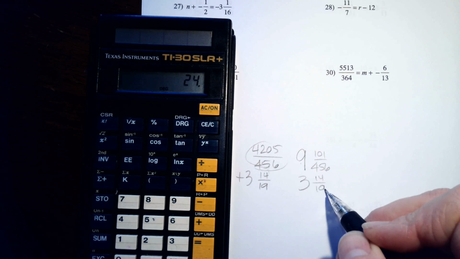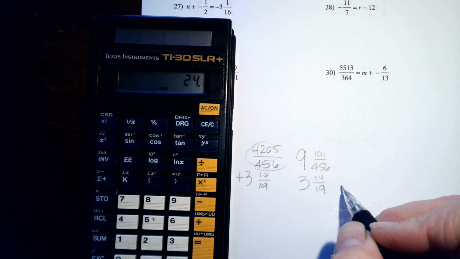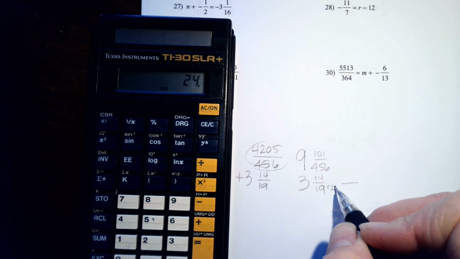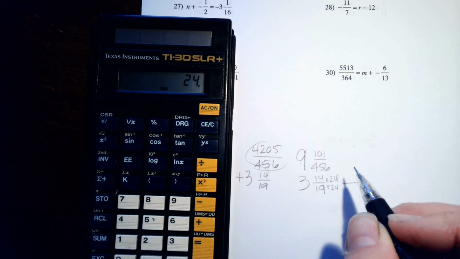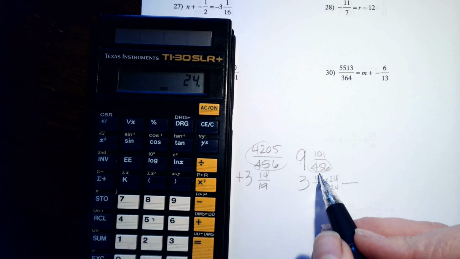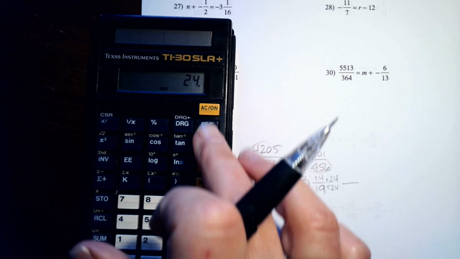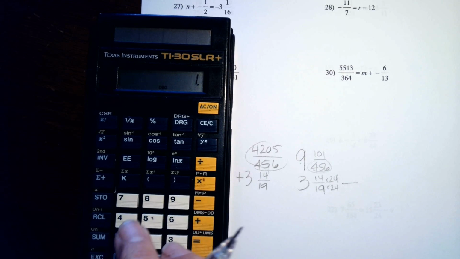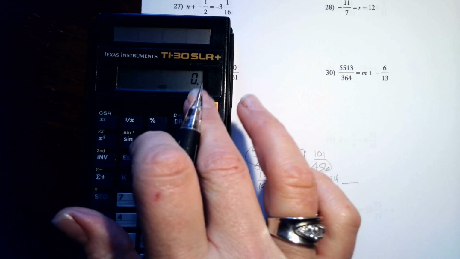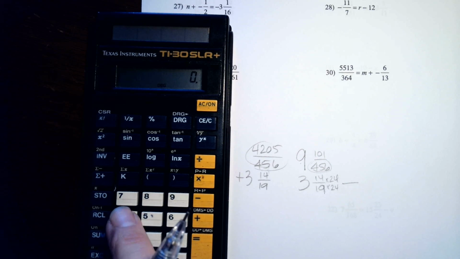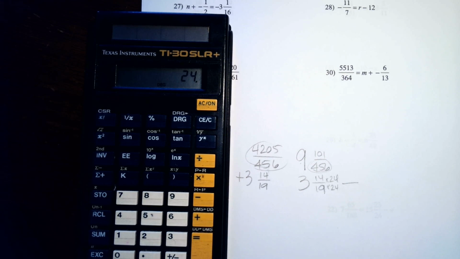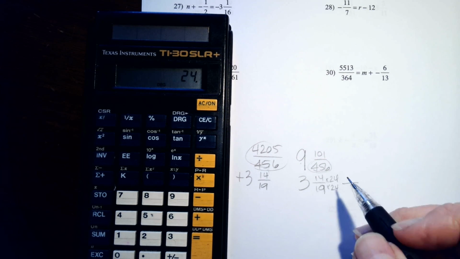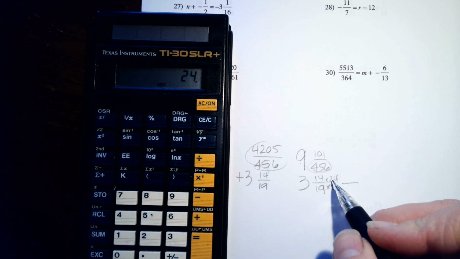And to get this 19 to be 456, I'm going to multiply it by 24. And I knew that if they were going to give me this big of a problem, 456 would be able to go into 19 evenly. So I knew to multiply this by 24.